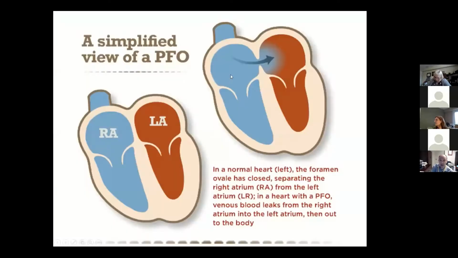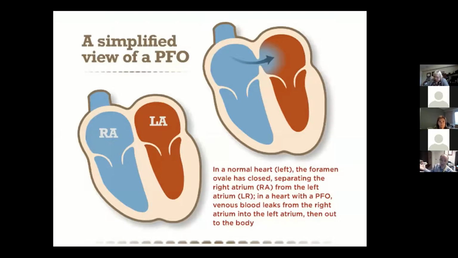And so what is a right to left shunt? Well, normally blood comes into the right side of the heart and gets pumped out to the lungs. Then it comes back to the left side of the heart, and then gets pumped out to the brain. And sometimes people can form clots in their legs, a DVT, and a clot can move up to the right atrium. Normally you'll get a pulmonary embolus, like the heart will pump out the clot to your lungs.